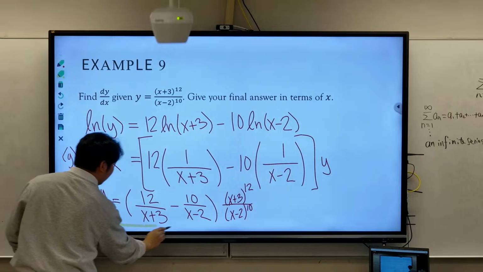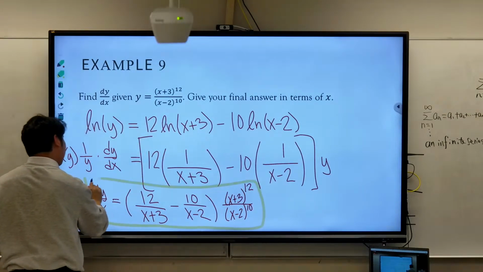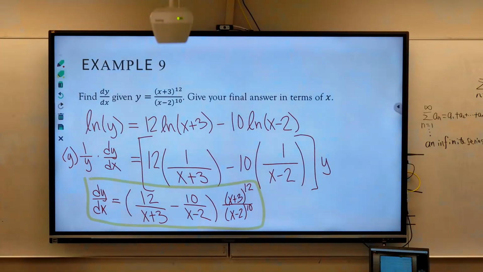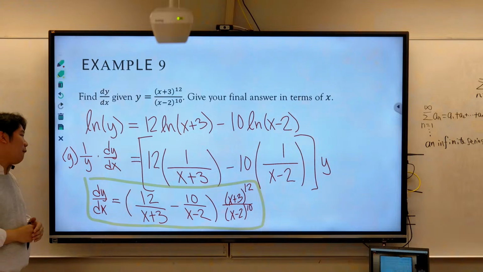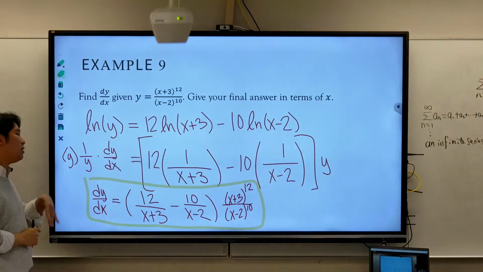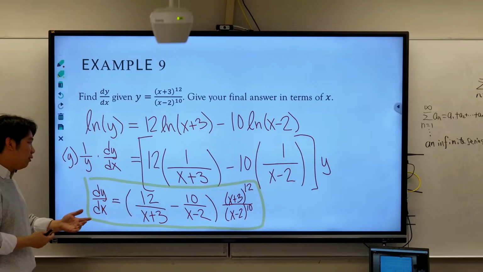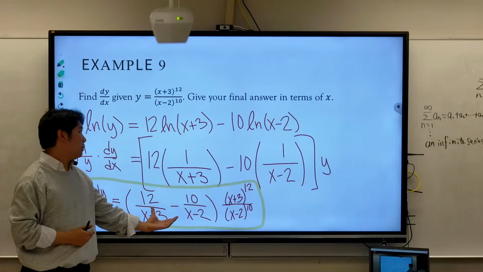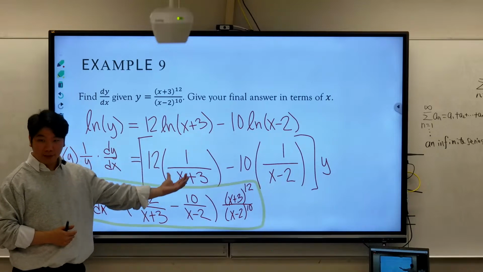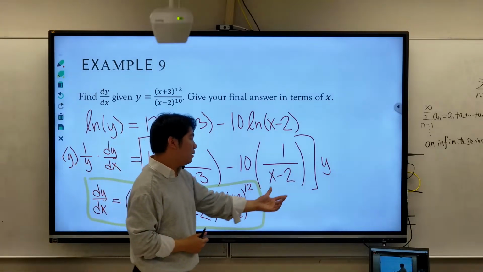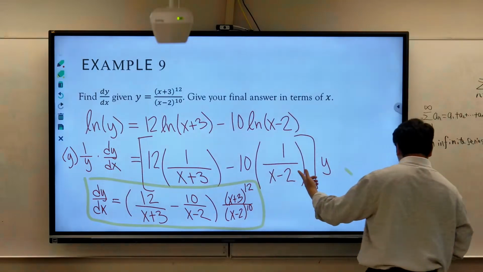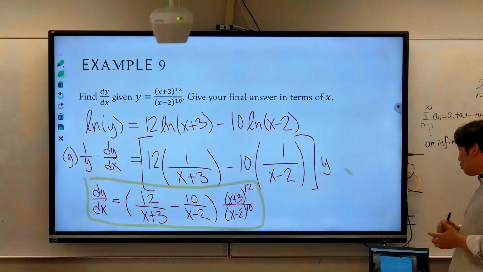Giving me sort of an unsimplified answer, but it's all in terms of x. dy dx is equal to, within parentheses, 12 over x plus 3 minus 10 over x minus 2 times x plus 3 to the 12th over x minus 2 to the 10th power. These came from the derivative of my natural logs. This came from very directly, we know what y is in terms of x.